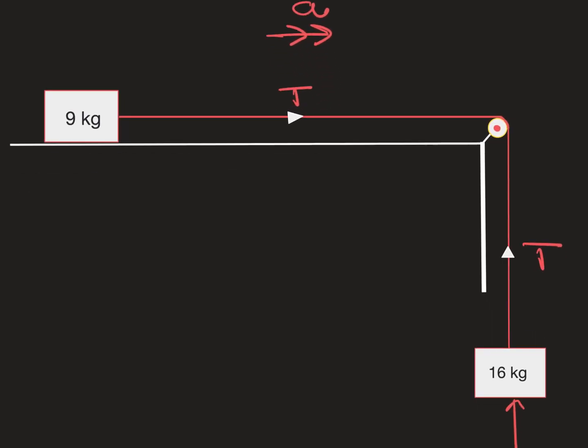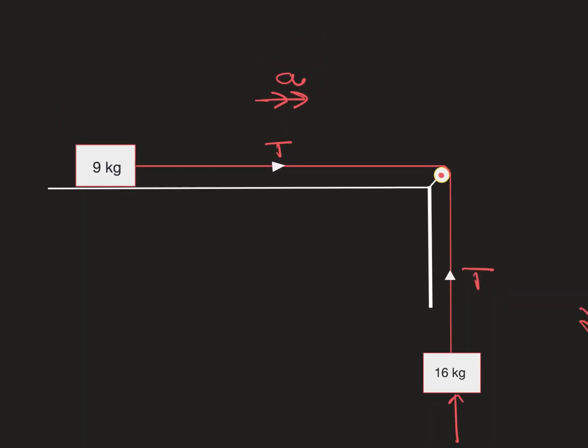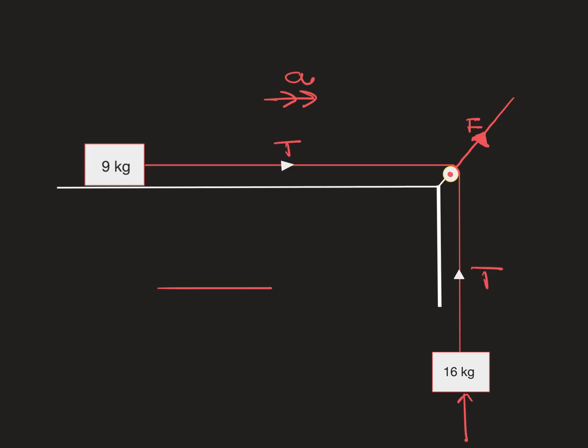So if we consider the pulley here, we have a force that is called the reaction F, and this is the force they are asking us to find. If you look at the forces that are associated with the pulley, we have the tension, and we have F, which is the reaction on the pulley. To sketch that, we're going to have something like this, and this.